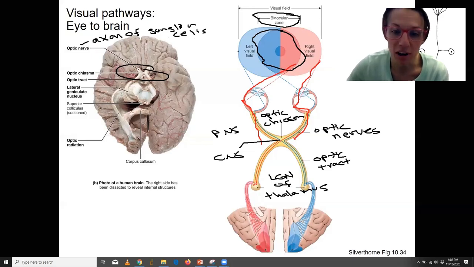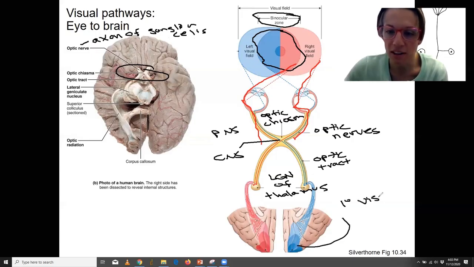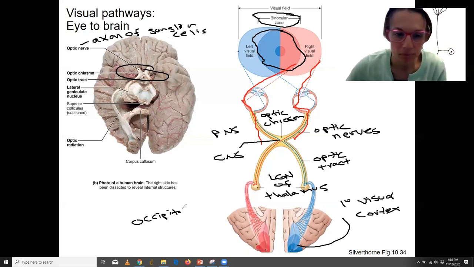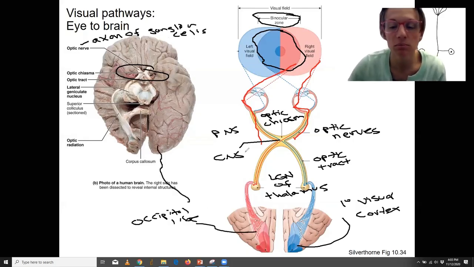Beyond this, this is the optic radiation. This back here is your primary visual cortex in the occipital lobe. Right, occipital lobe is the one in back here. That's this, as well as this.